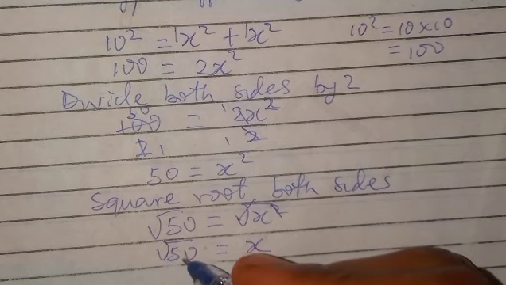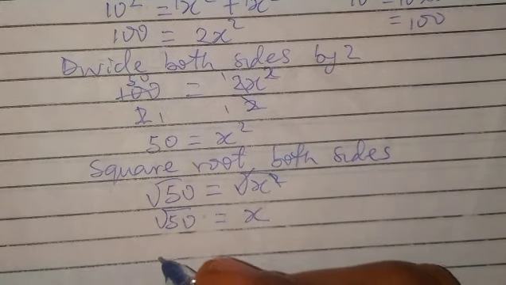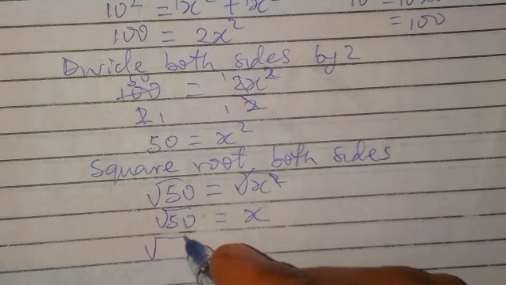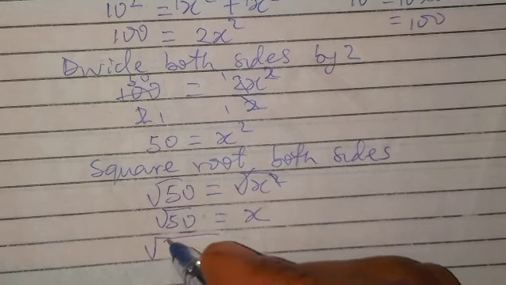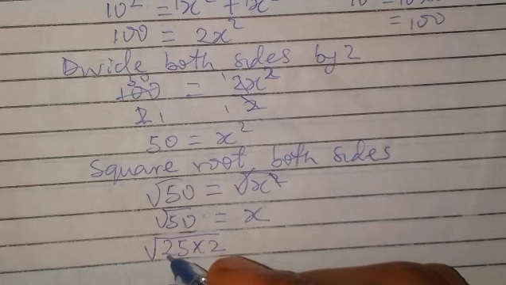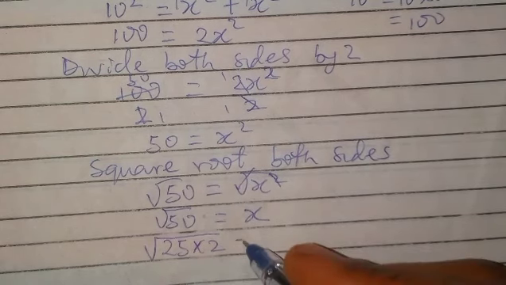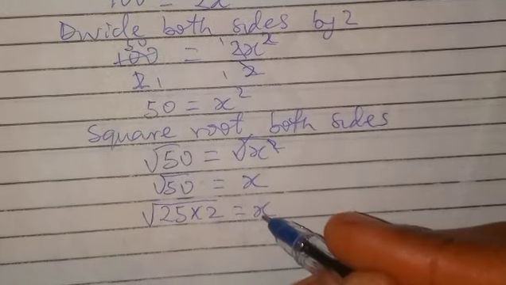Alright, we can simplify this further. The square root of 50 is the same thing as the square root of 25 times 2. Remember, 25 is a perfect square.